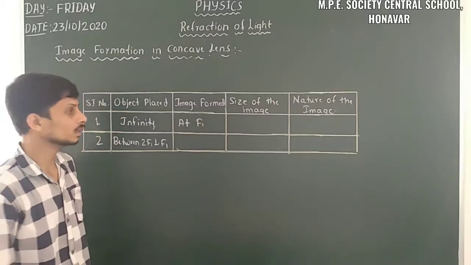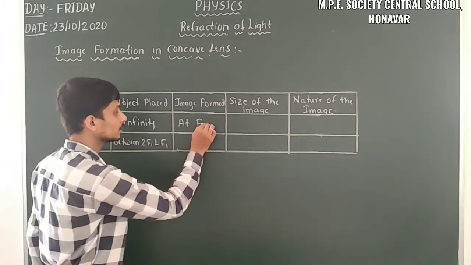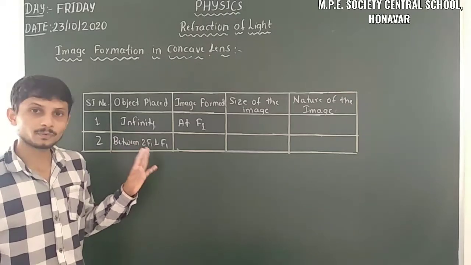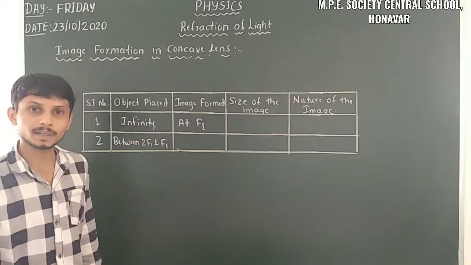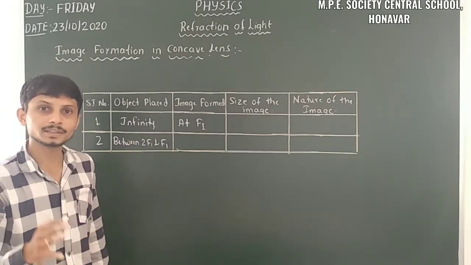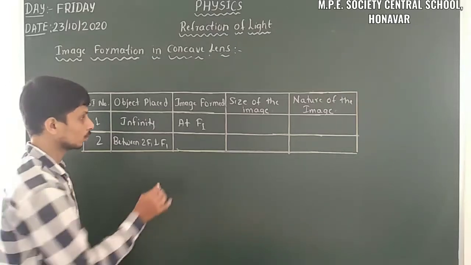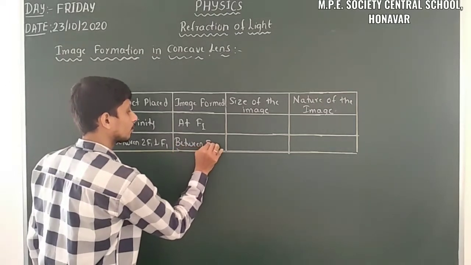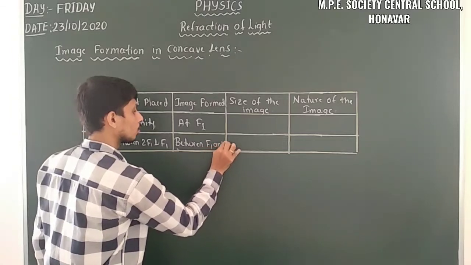In case of between 2f1 and f1, the image is formed between f1 and O.